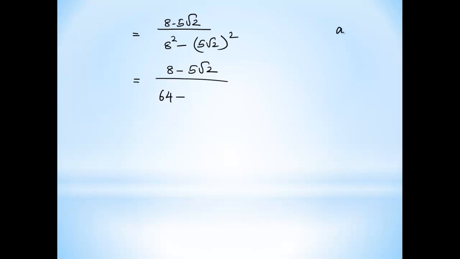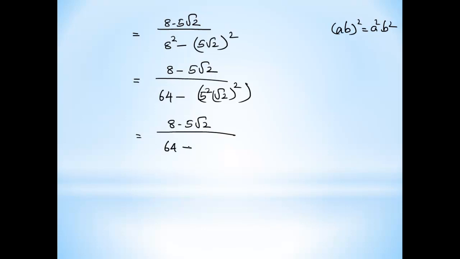If you know that ab the whole square is a square b square, the same thing here gives 5 square into root 2 the whole square. So that is 8 minus 5 root 2 divided by 64 minus, now 5 square is 25, then root 2 the whole square.